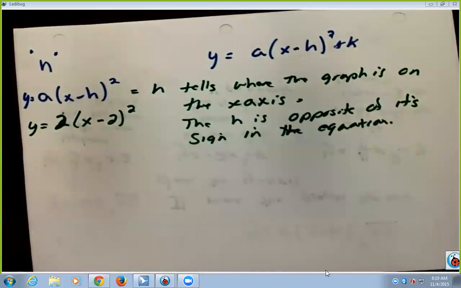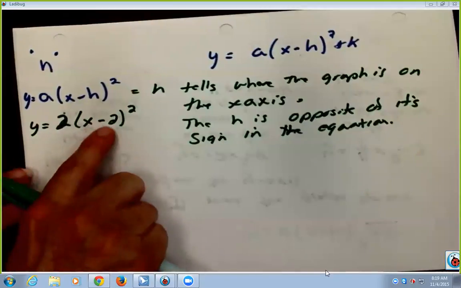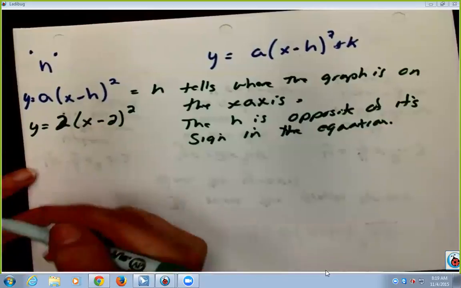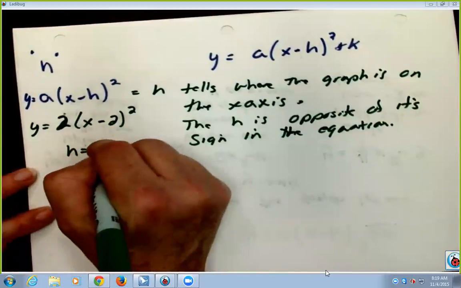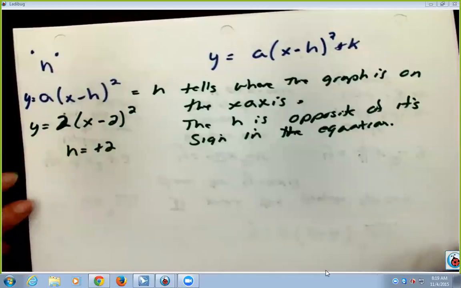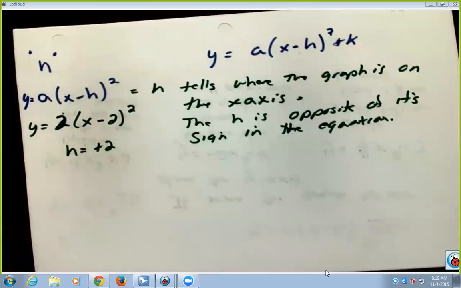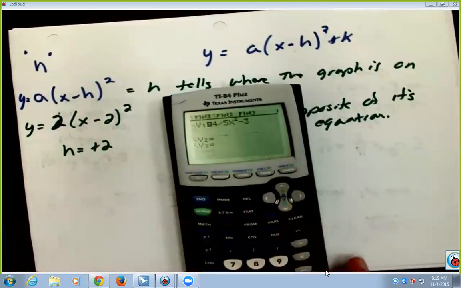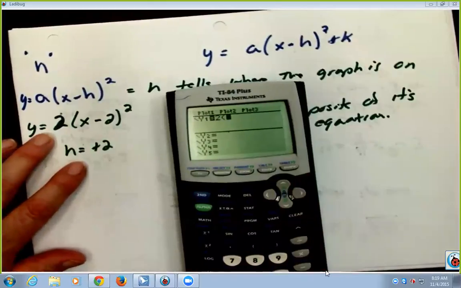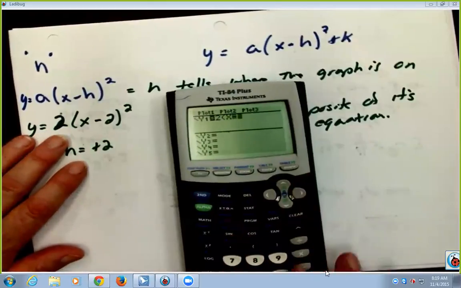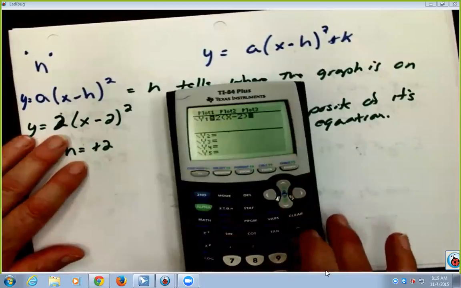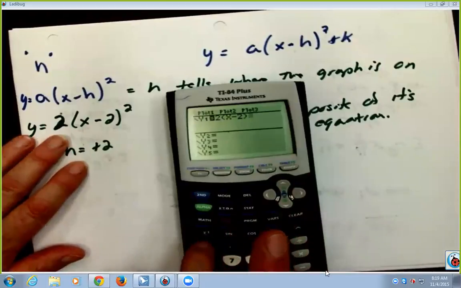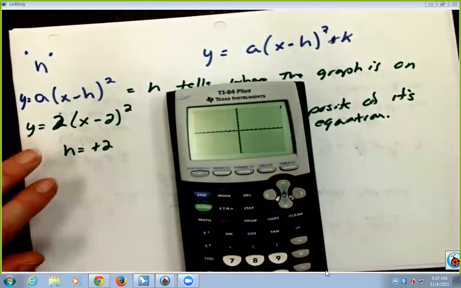So you want to make sure that's the opposite, so that if I've got negative 2, or subtracted 2, my H in this case is really equal to a positive 2. So it goes in the opposite direction of what you think it would. So if we put this thing on our calculator so that we can see what it looks like, 2 parenthesis x minus 2 parenthesis squared, and I hit graph.